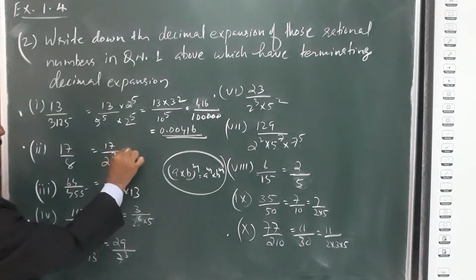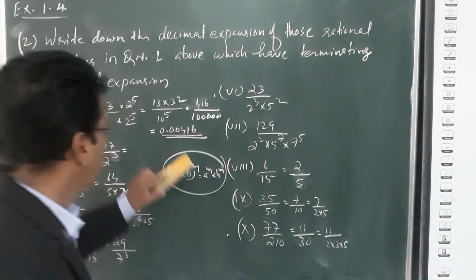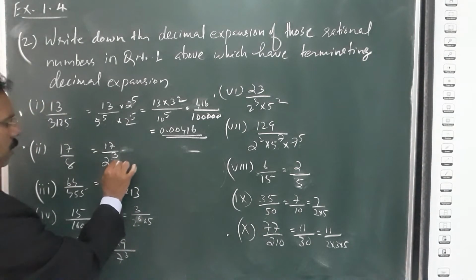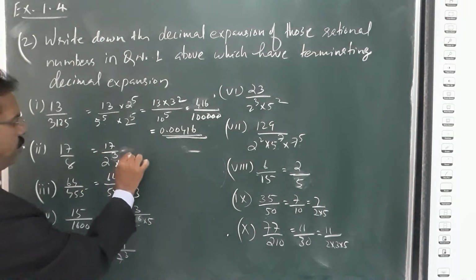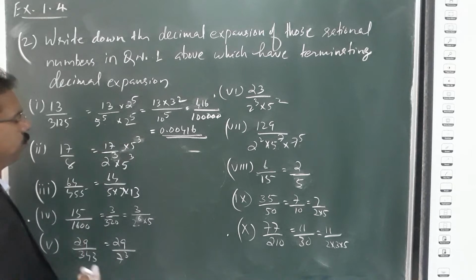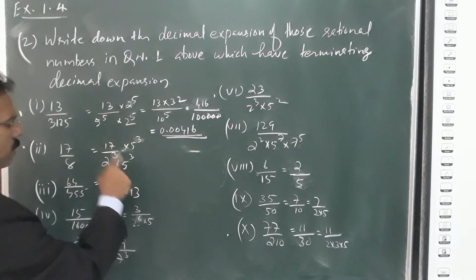Now here you have to multiply. In order to make multiples of 10, 2 raised to 3 is there, so multiply numerator and denominator with 5 raised to 3.